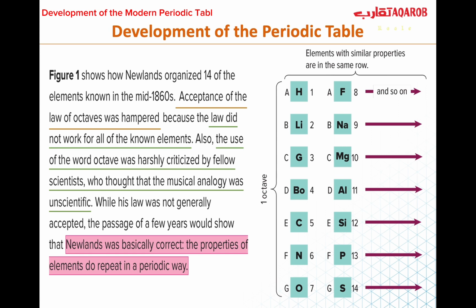So they rejected this law. While his law was not generally accepted, Newlands was basically correct, because the properties of elements do repeat themselves in a periodic way.